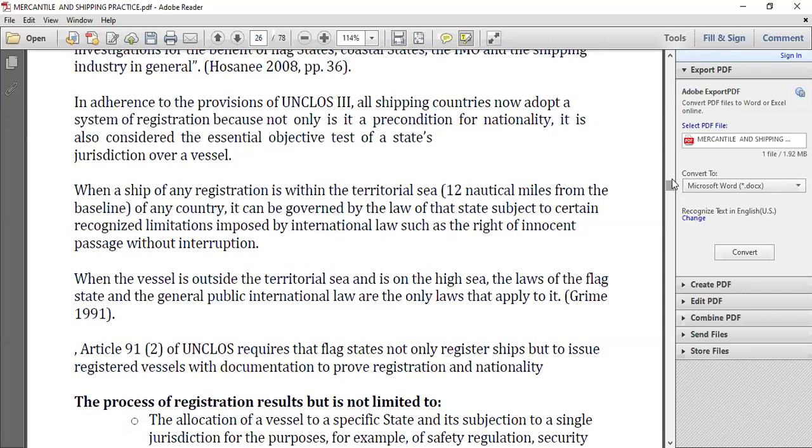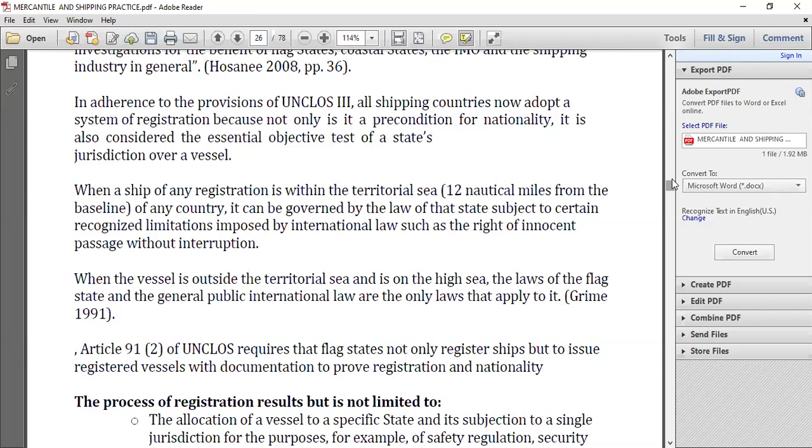So the moment it has stepped out of your territorial waters, it is only guided by two laws: the international law and the law of the flag state. But the moment it is within 12 nautical miles from the baseline, it is guided by three laws: the law of the flag state, international law, and the laws of the country in whose waters it is trading. Take note of that.